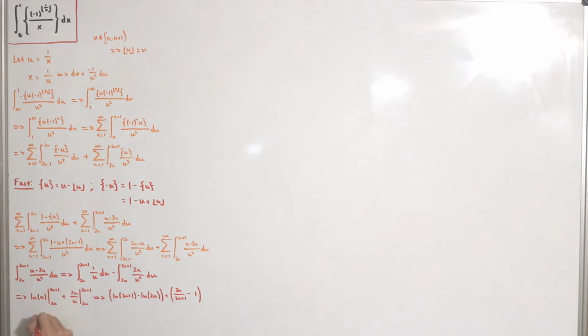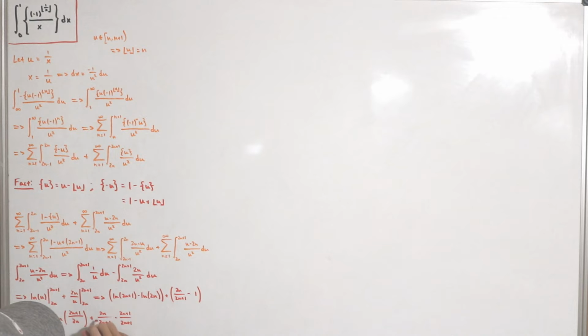I can simplify this even further. These are subtractions of two natural logs, so I can use our rules to combine them under one log, but that's under division, so this will be ln of 2n plus 1 divided by 2n. And then plus, let's get a common denominator here, so this is 2n plus 1 minus 2n plus 1, so this should be a 2n plus 1 here and then a 2n.